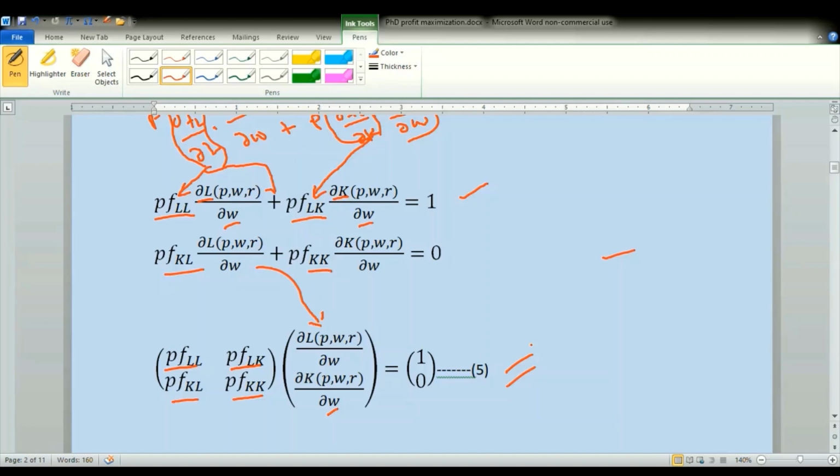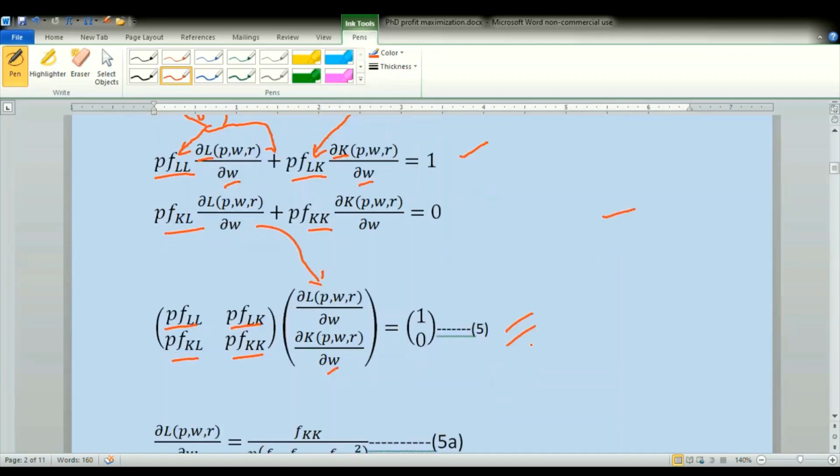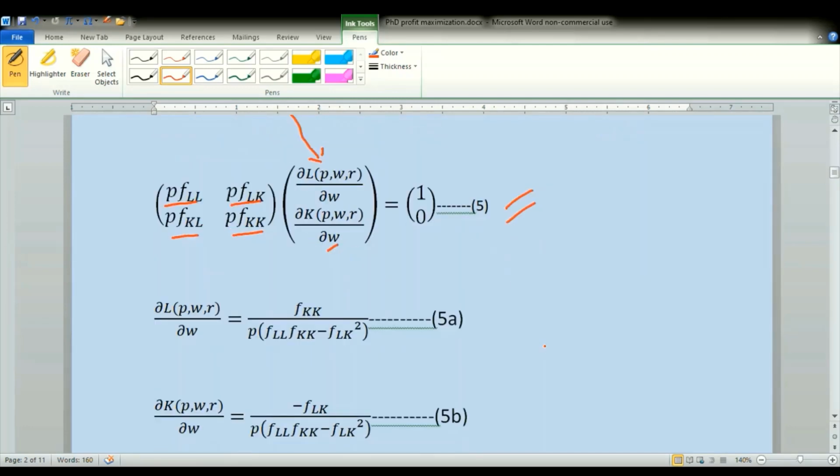equation number 5. I use this system, applying Cramer's rule, to solve for ∂L/∂W, and this is like asking the question, what happens when we keep all the other things constant and allow W to change?